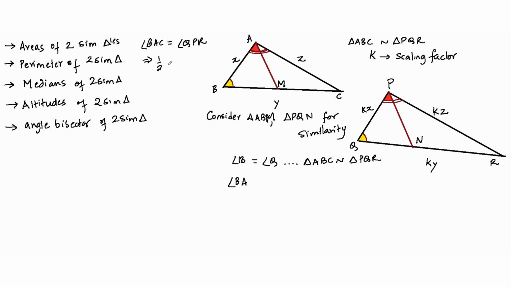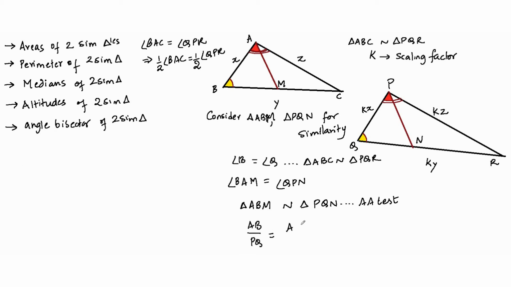This implies half of angle BAC should be equal to half of angle QPR. Now what is half of angle BAC? Half of angle BAC is nothing but angle BAM, which should be equal to angle QPN. Which means that triangle ABM is going to be similar to triangle PQN by the AA test, right? And therefore AB divided by PQ will be equal to AM divided by PN.